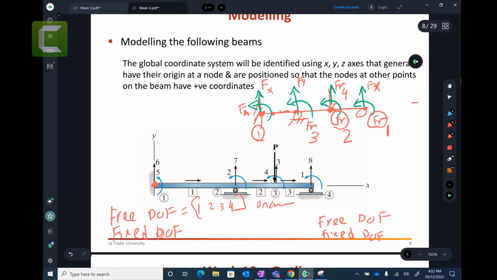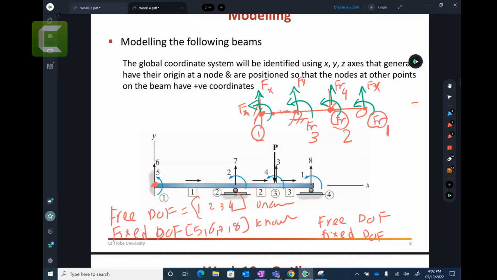The remaining are fixed: 5, 6, 7, and 8 are no displacements. There is a rule that for free degrees of freedom, you need to start with 1, 2, 3, 4.